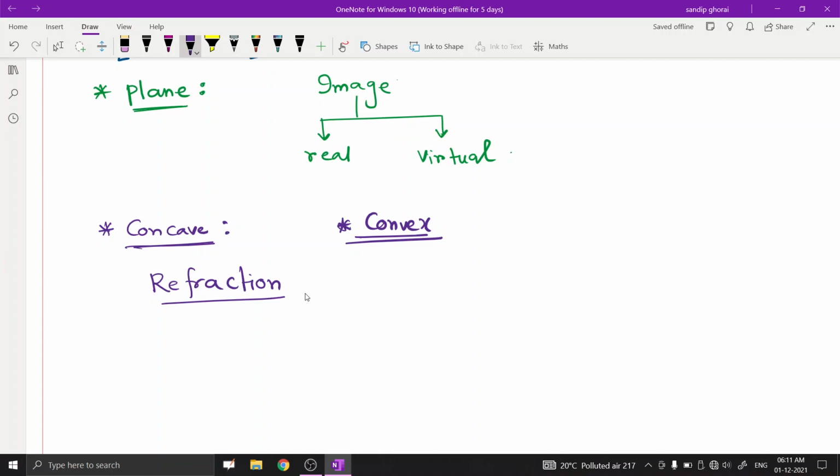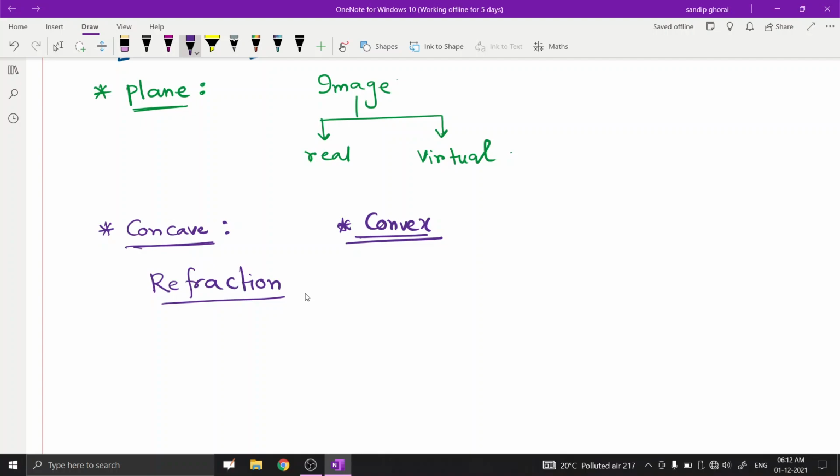As the speed of red is very high, red emerges first through the prism, and we get minimum deviation. But we get maximum deviation for violet, because the speed of violet light is very small.